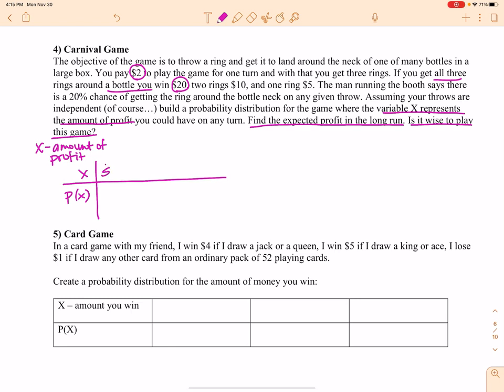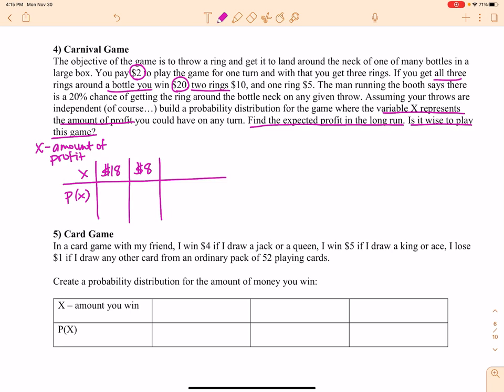I will have profited $18 because I had to pay $2 to play. Okay, another outcome that could happen, I plop down my $2, they give me 3 rings, I get 2 of them, I miss 1 of them, they hand me 10 bucks, I have profited $8.